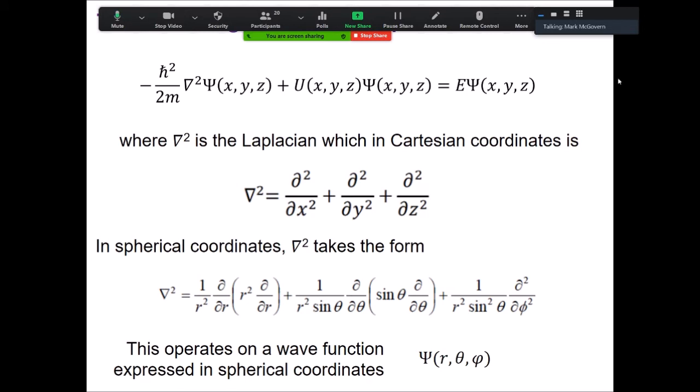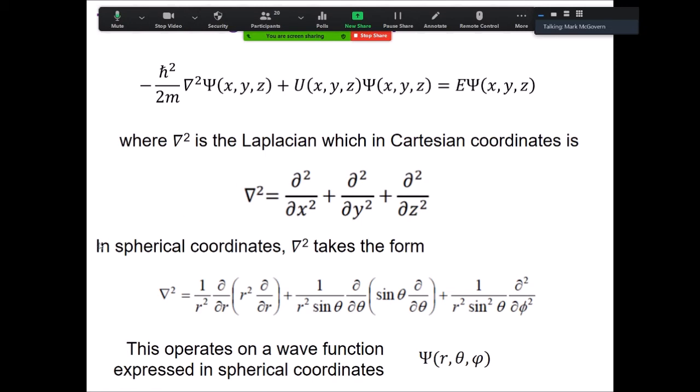This is our equation up here in rectangular coordinates, which again, we don't really want to do. The Laplacian in Cartesian coordinates is given by this statement right here, which is the partials in x, y, and z.